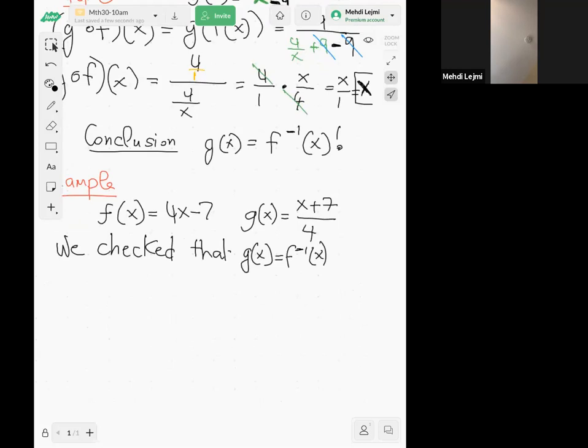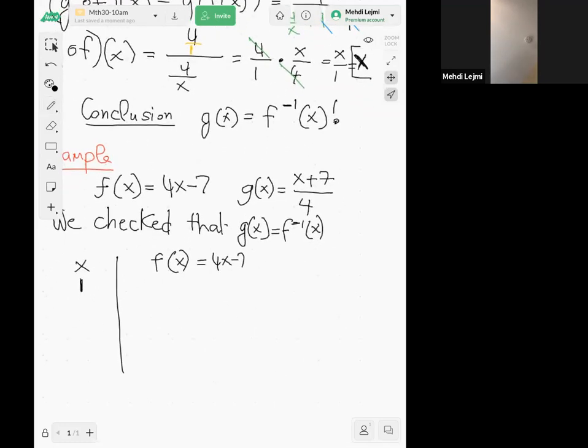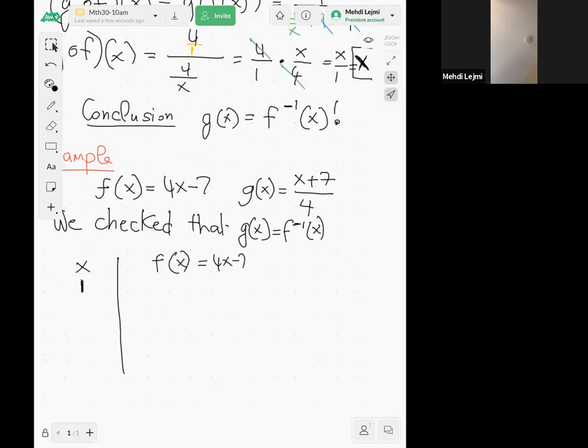Here's my x, and here's my f of x. For example, if x is 1, f of x is 4x minus 7, so f of 1 is 4 times 1 minus 7, which is negative 3.